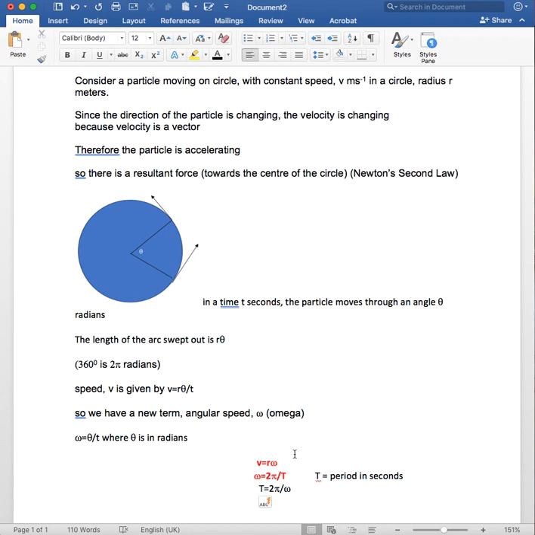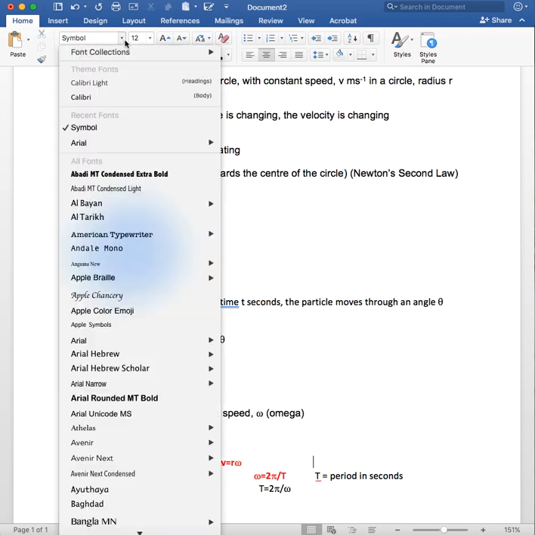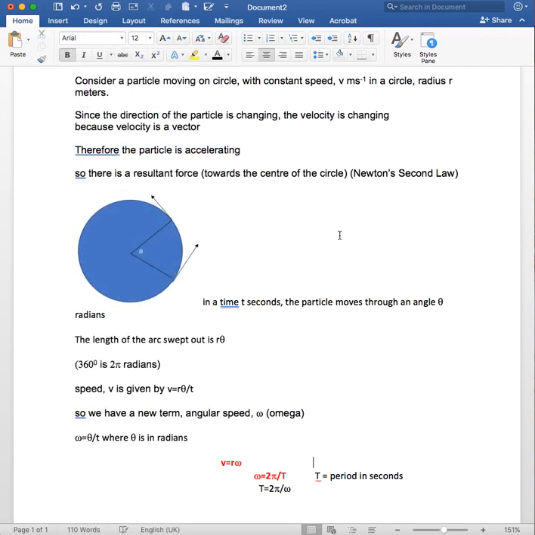So you have v equals r omega, the relationship between the linear, hang on, let's get back into Arial again.